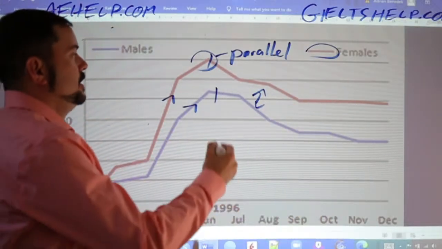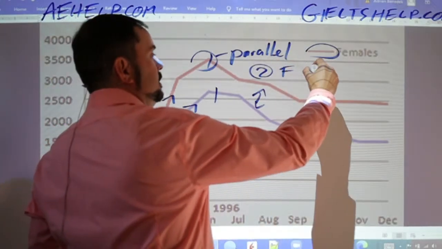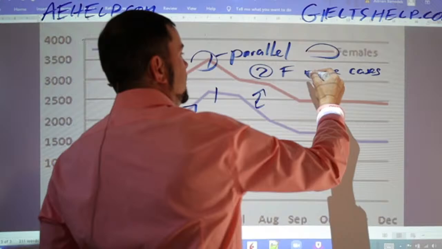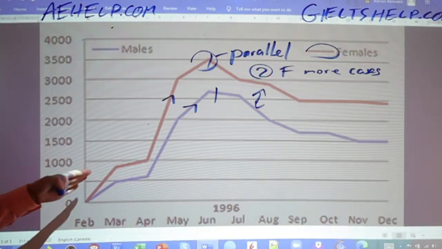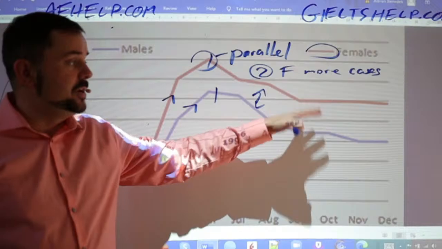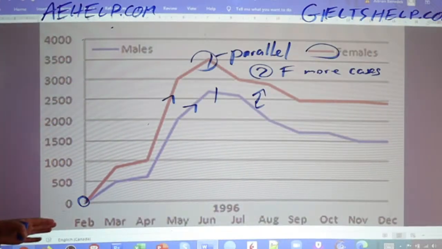So it's parallel, and females have more cases, because at every given point females seem to have a greater instance of flu cases, with the exception of February, where they all seem to start at 0, which is fine. Maybe it was some kind of an outbreak.